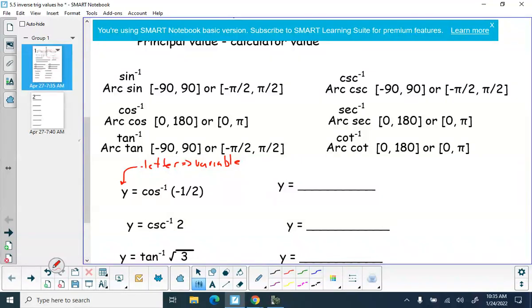Justin, what do you come up with? 120. 120 degrees. And then from this point, we can convert this into terms of pi. So you can use pi over 180 equals x over theta.